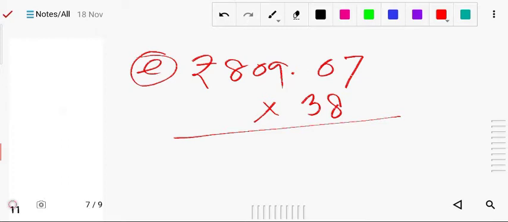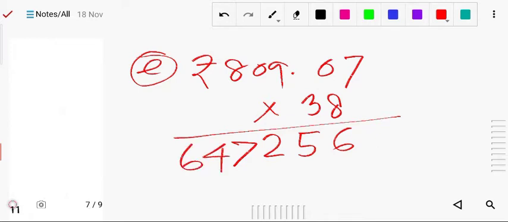First of all multiply it, so it will be 6. Multiply normally as you are multiplying. Don't take tension of this decimal, don't think about the decimal now. Simply multiply. So it will be 6, here will be 5, here will be 2, here will be 7, here will be 4, and here will be 6.